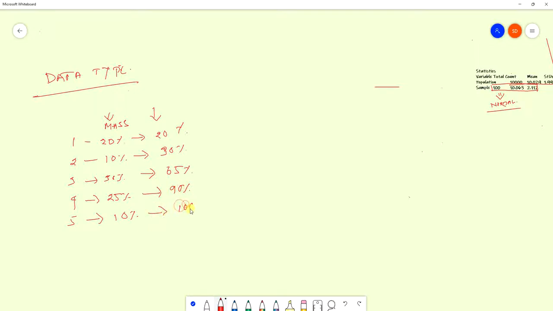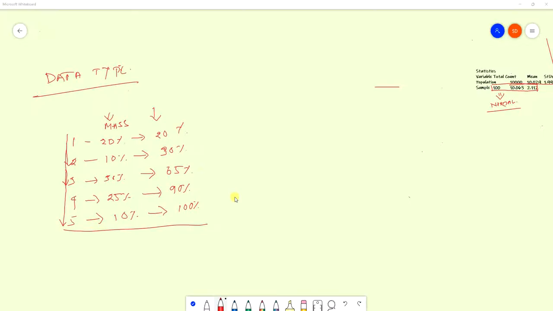So the cumulative distribution function is nothing but the cumulative probability of the events together: 1 to 2, then 1 to 3, 1 to 4 and 1 to 5, happening sequentially, one after another. That's how we can calculate the probability distribution for all this.